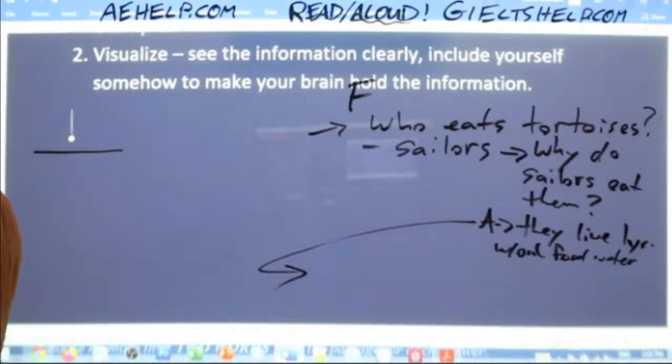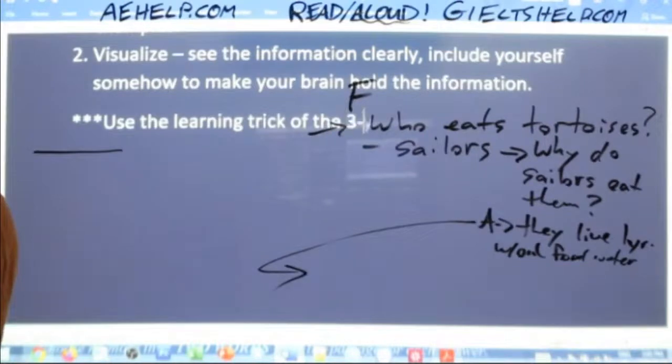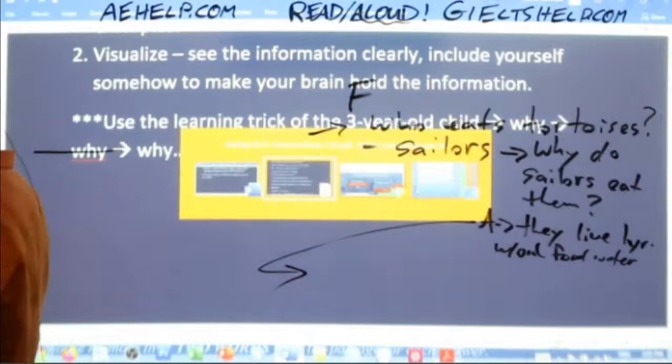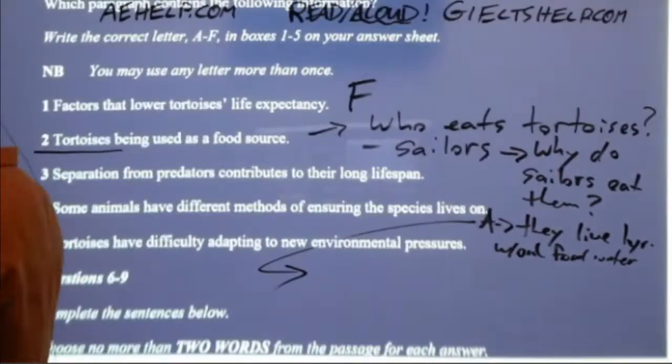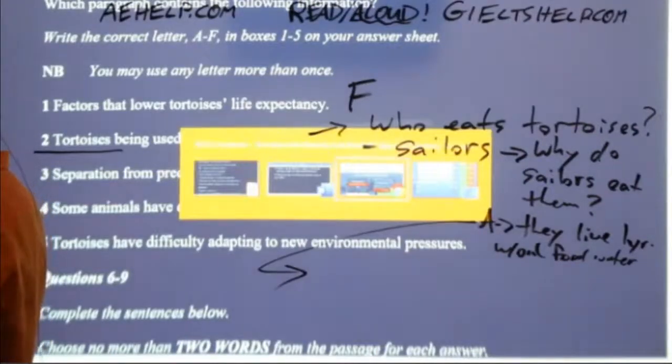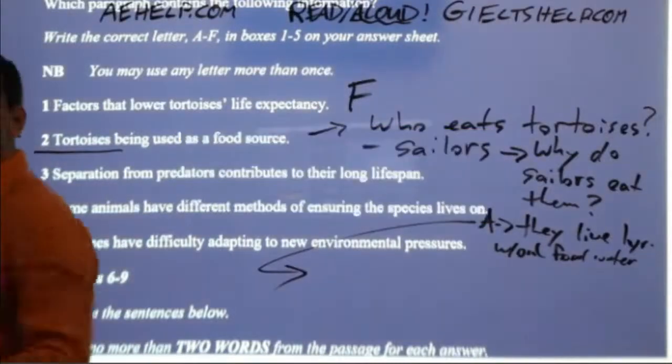So use the learning trick of the 3-year-old child, and so on. Okay, and for those viewers who have small children, they know exactly what I'm talking about here. Okay.